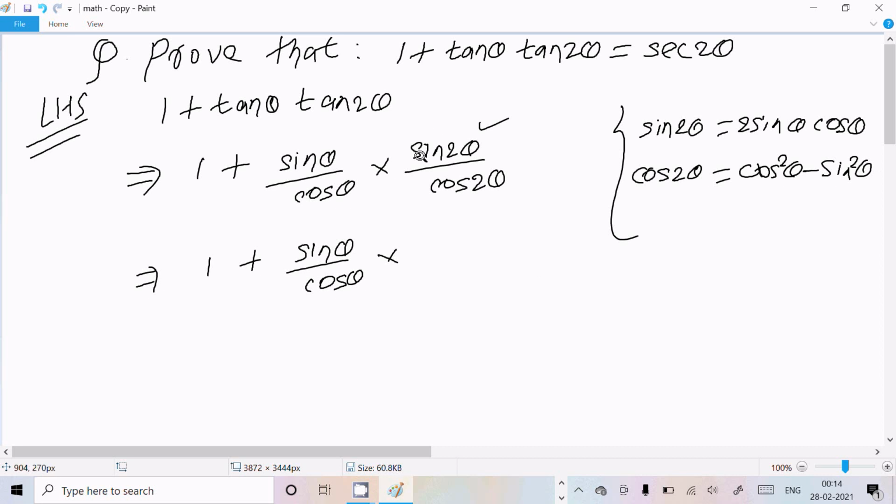So in place of this we can write 2 sine theta into cos theta, and about cos theta we can write cos square theta minus sine square theta.